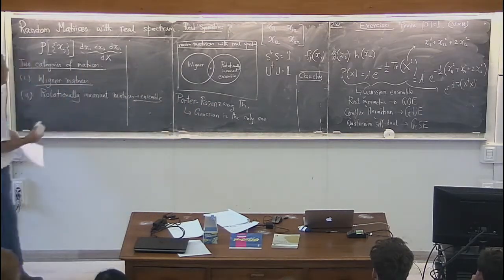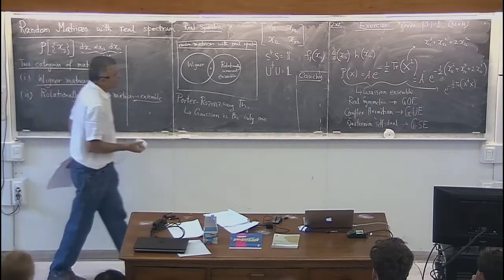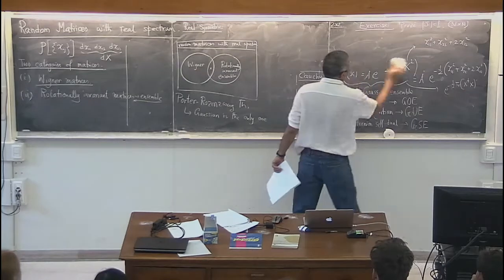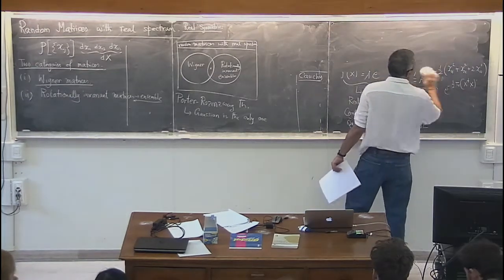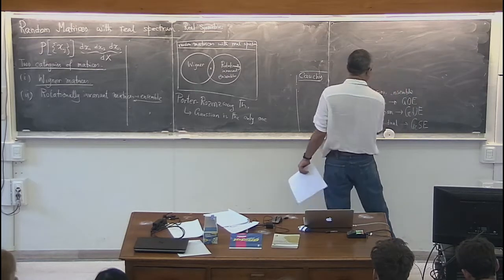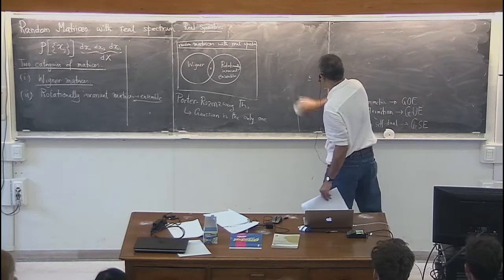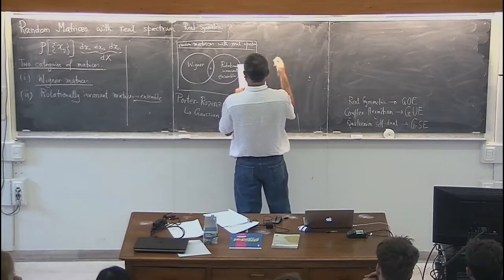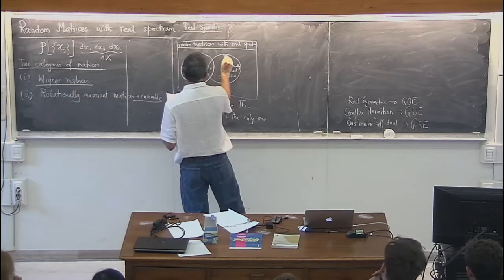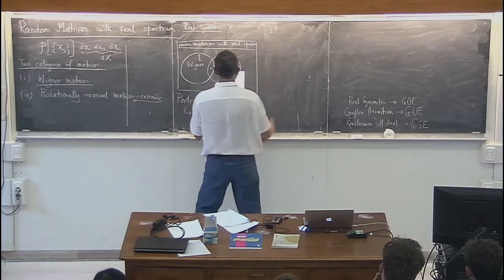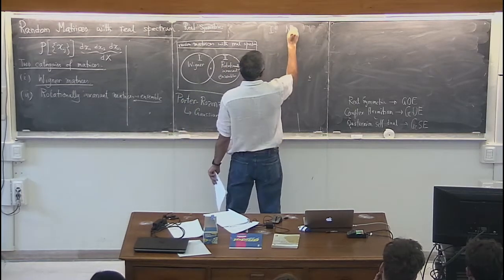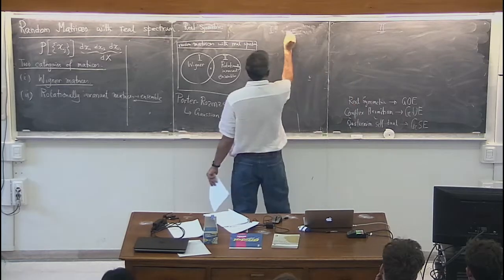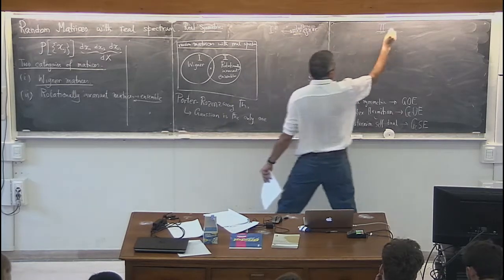Now, what are the advantages of these ensembles? This is like the choice of ensembles that we use in statistical mechanics, canonical, microcanonical, grand canonical, etc. Depending on which problem you are looking at, you pick one. So these are the two classes: let me call this one, Wigner, and this two, rotationally invariant.